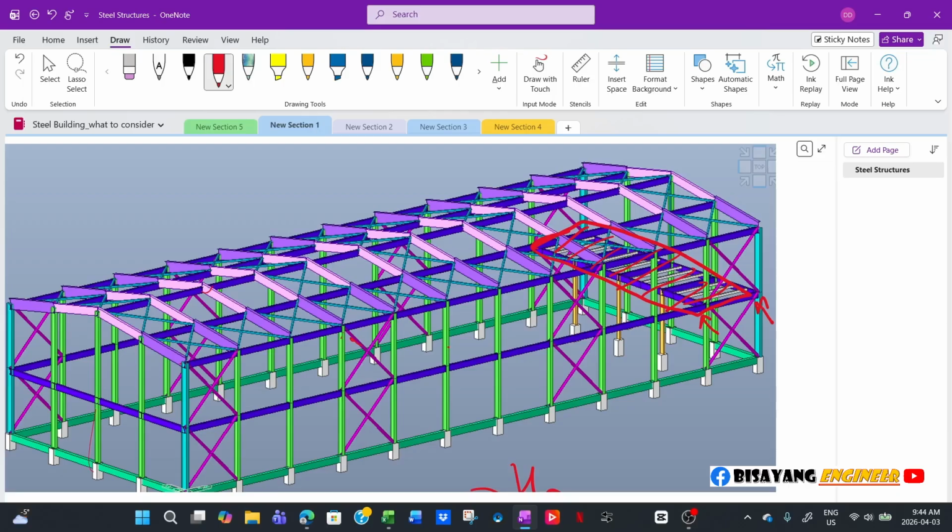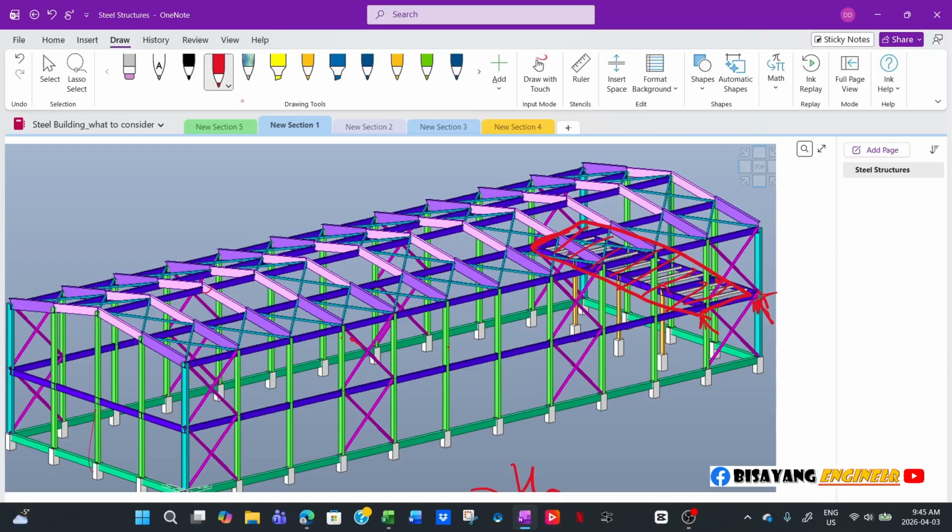And yet you don't have any. I really don't know how he analyzed this one, but this is one thing you have to consider as well. Since you have a floor here, it's technically a diaphragm, so you have to consider the lateral load halfway, right? Half of that. And then you have to consider how you support this laterally.